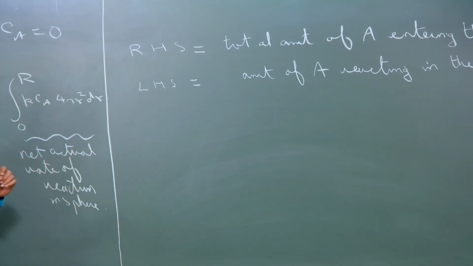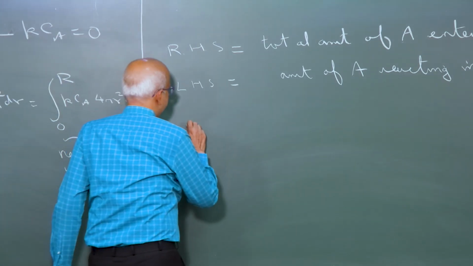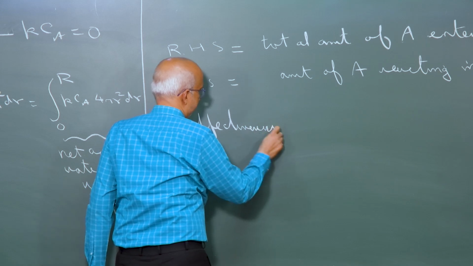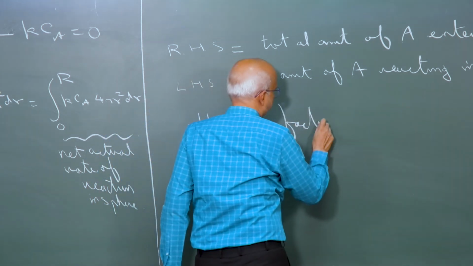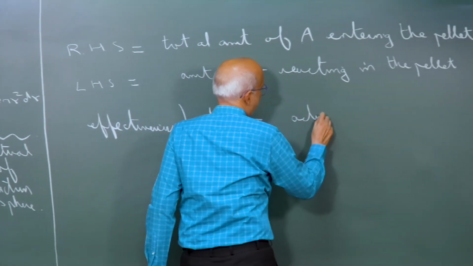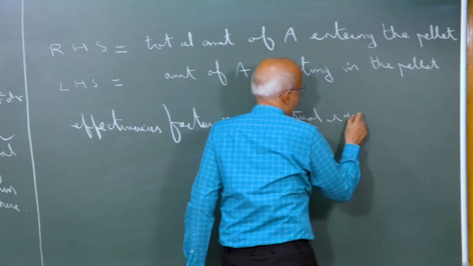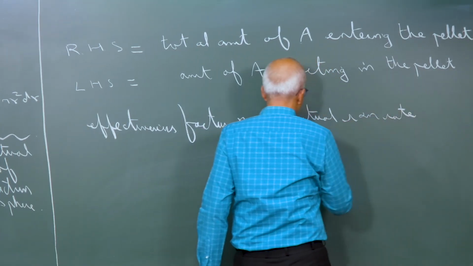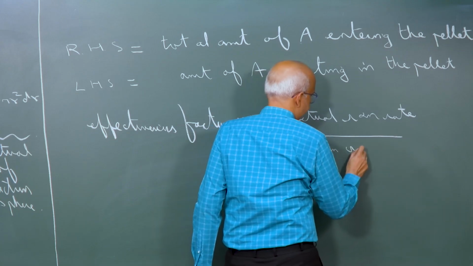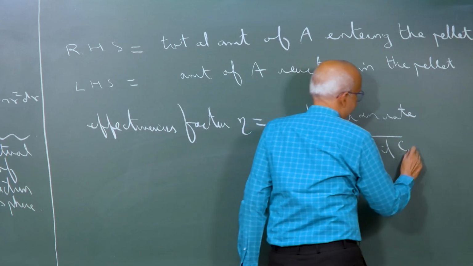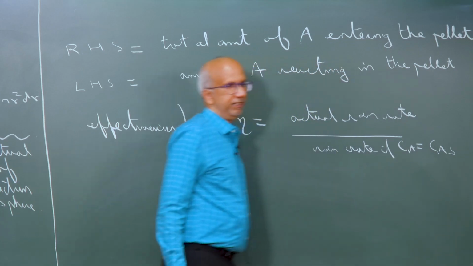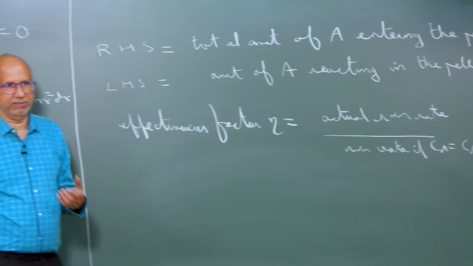So now the point is this effectiveness factor eta is the actual reaction rate divided by the reaction rate if C_A, the concentration inside, is equal to C_As, the surface concentration, whatever the surface concentration is.